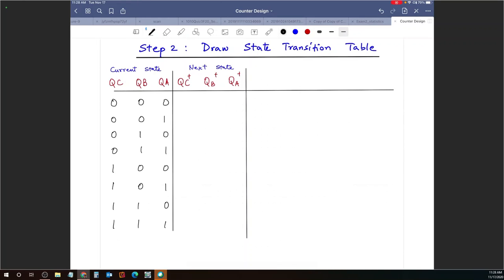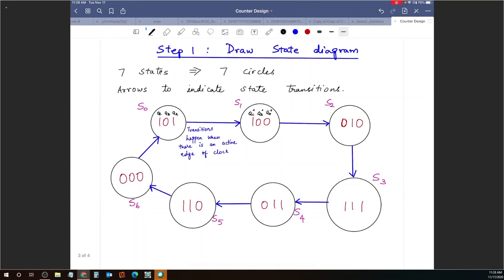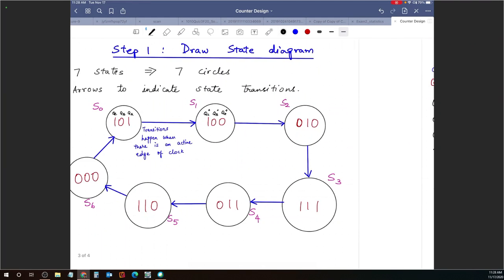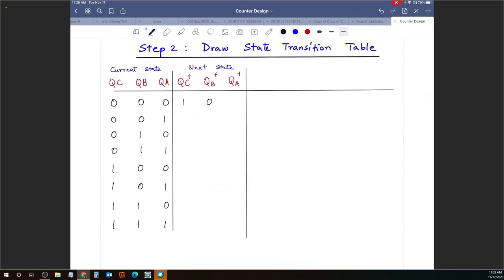Well, if you start with 0 0 0, what is the next state here? 1 0 1. Perfect. And after 1, what comes after 1? Don't care. Perfect.